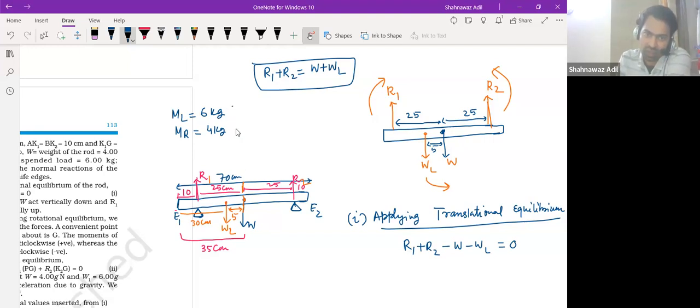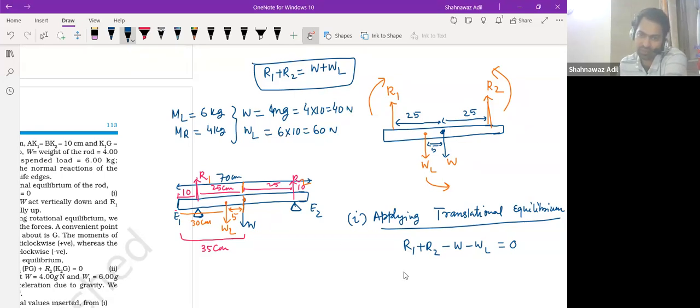Yes, sir. So W is how much? Weight is 4 kg, so that is mg, right? So this is 4 into 10, which is 40. And the load is 6 into g, so this is 60. Understood, everyone? So R1 plus R2 minus 40 minus 60 equals 0, so R1 plus R2 minus 100 equals 0.